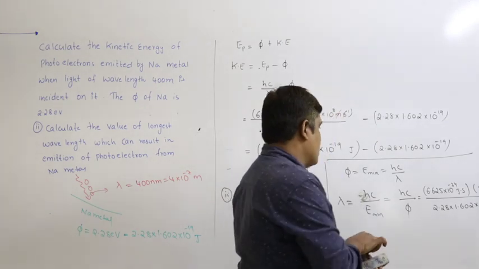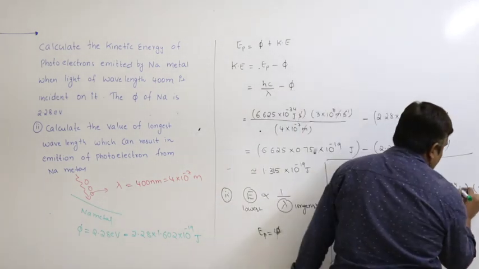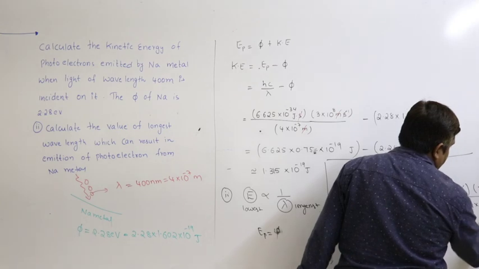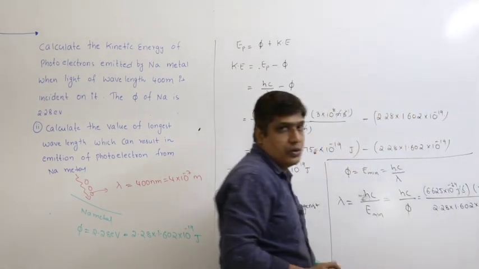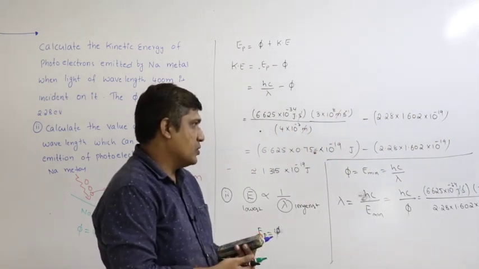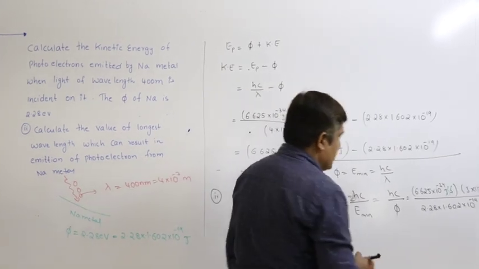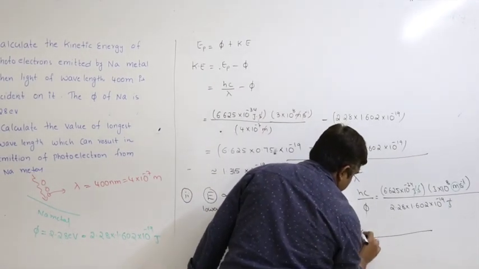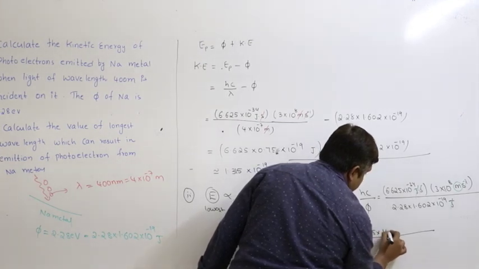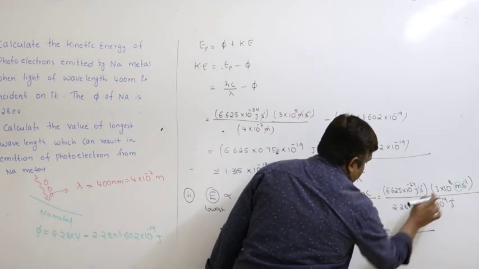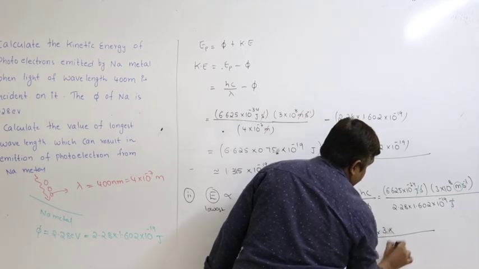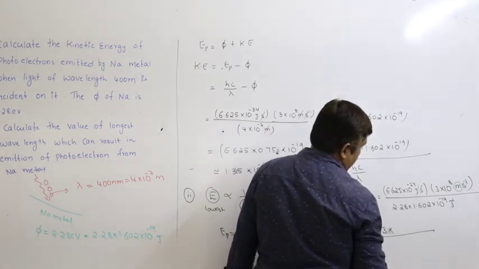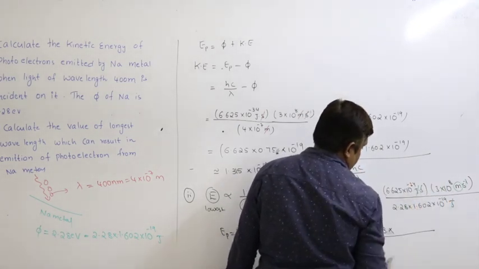Now let us cancel the units. Joule second inverse, the unit left over is meters, so you will get the wavelength in meters.